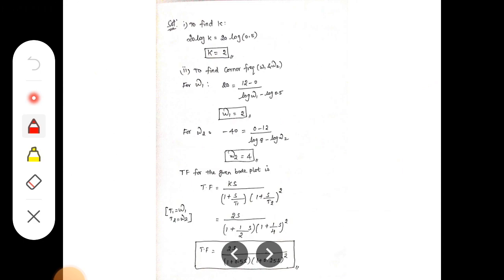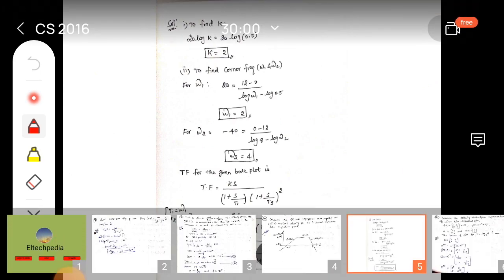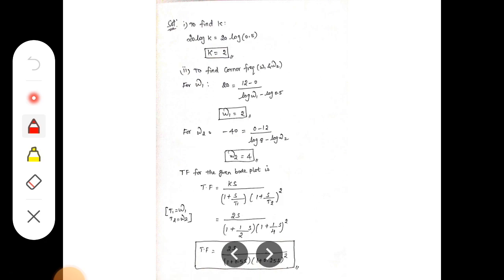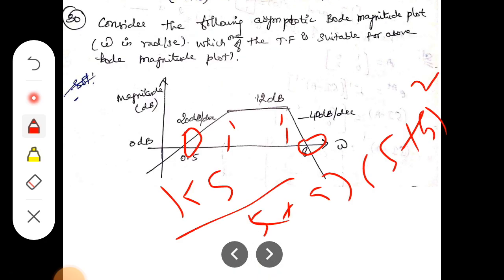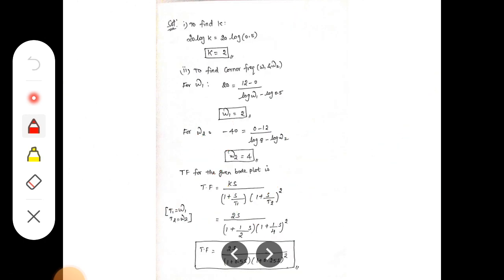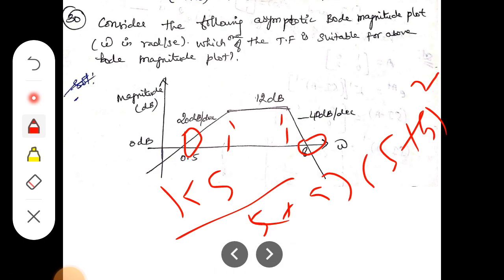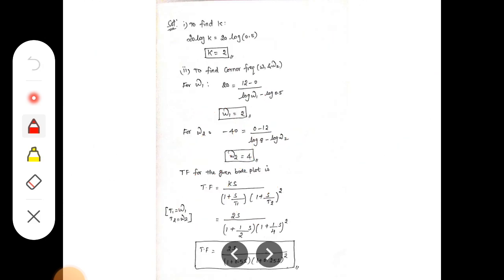For omega 1, 20 dB is considered as 20 log, so 20 dB is equal to 12 minus 0 divided by log omega 1 minus log 0.5. In between the value, it will be considered here, so 0.5 minus the log of omega 1. So we want the omega 1 value, log omega 1 minus log 0.5. From this equation we calculated omega 1 is equal to 2.